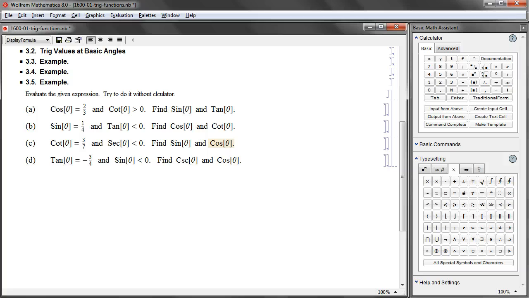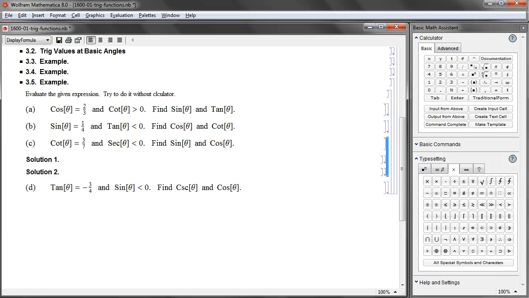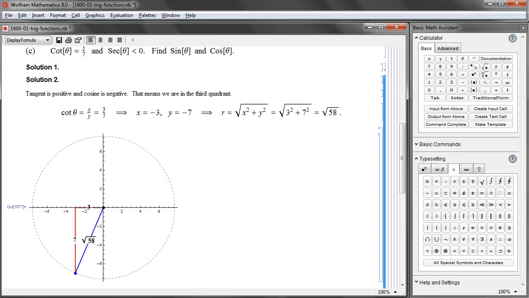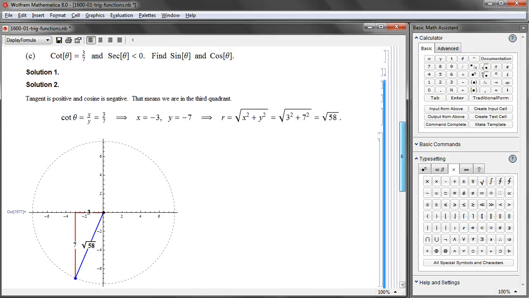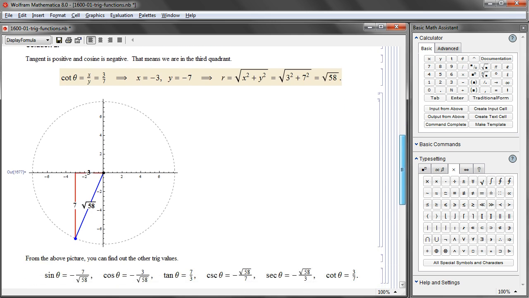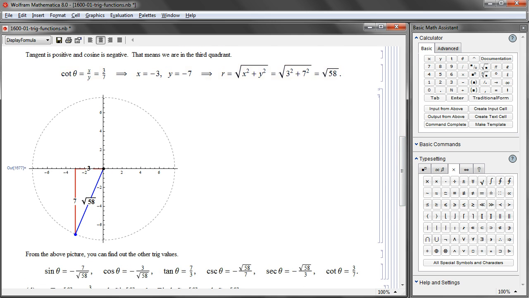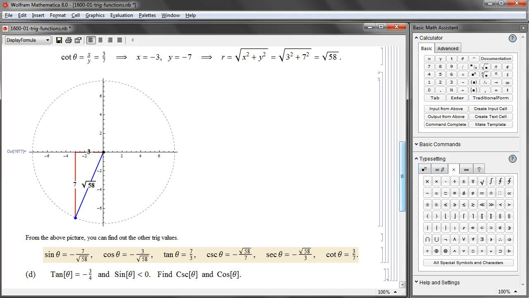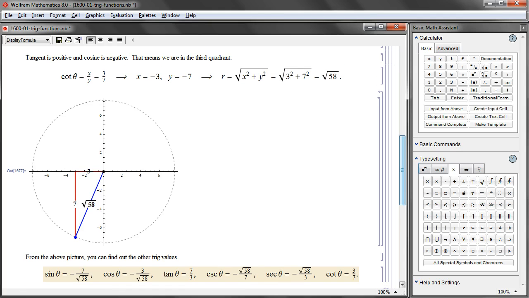In the third quadrant, we have to draw the triangle with cotangent is 3/7, like this. Horizontally 3, vertically 7, and using the Pythagorean theorem, we can find out the radius. If you have x, y, and r values, you can easily find out all the trig function values just by the definition, and here they are.